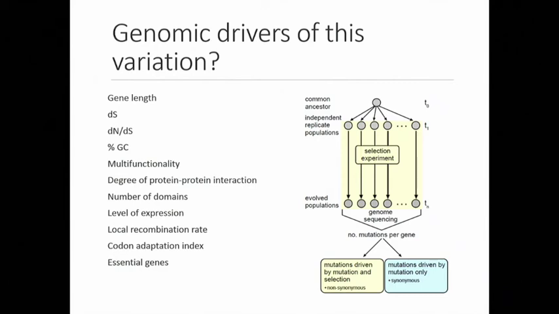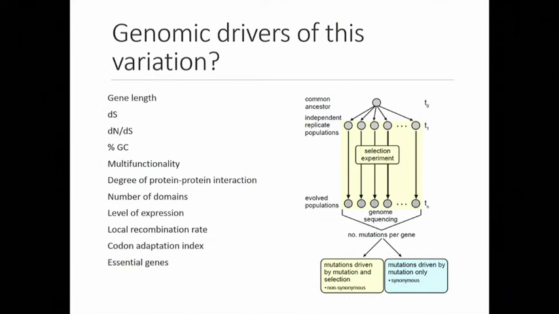We also looked at percent GC content, and multifunctionality of the gene itself. This is related to how it's been categorized in terms of its GO functions. So what kinds of biological processes are those genes involved in? How much variation is there in terms of the biological processes that we know about for that particular gene?